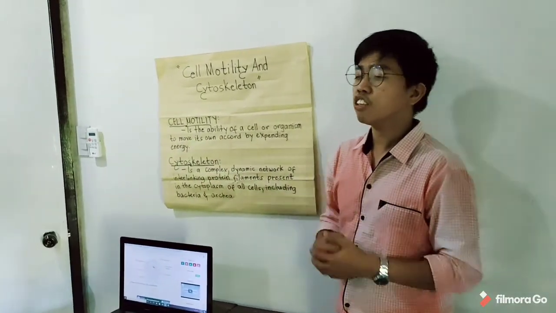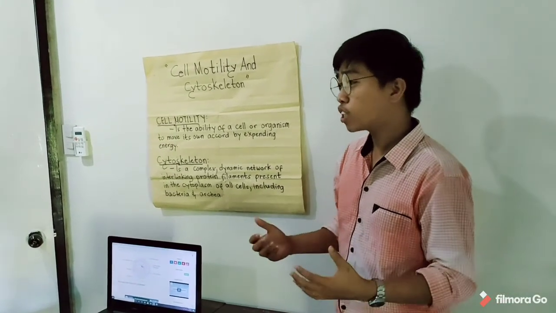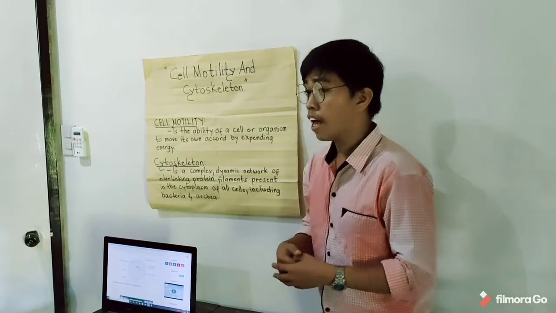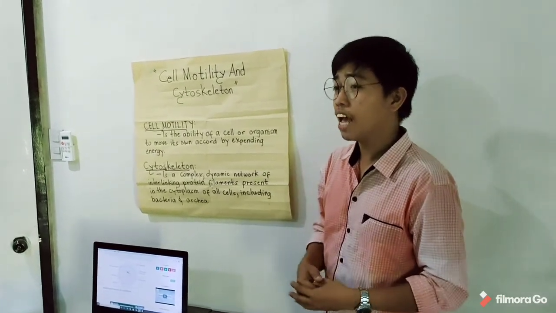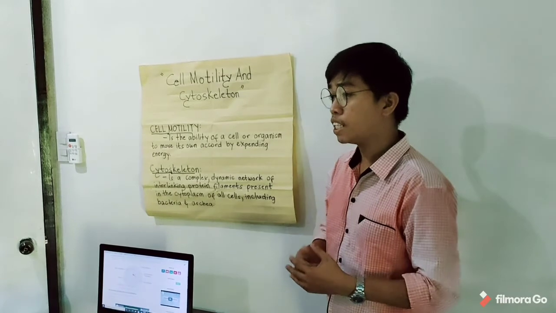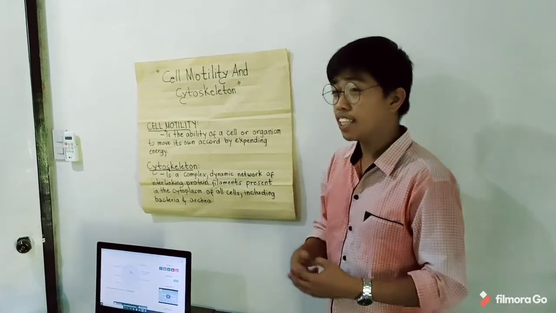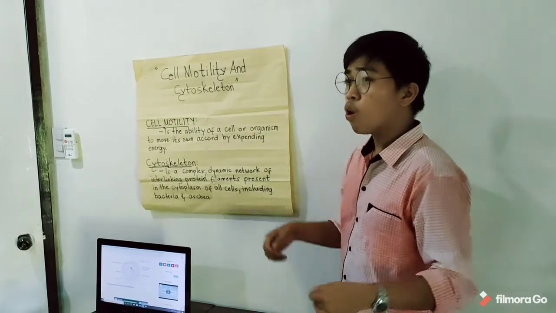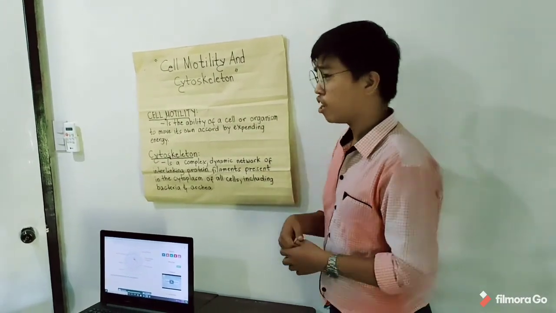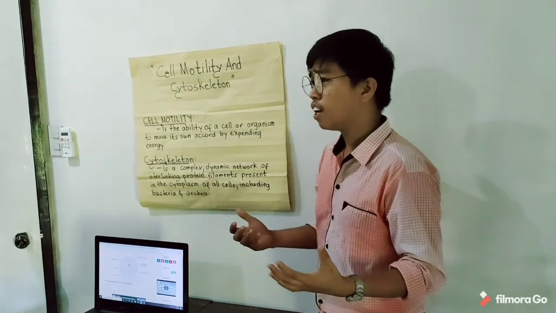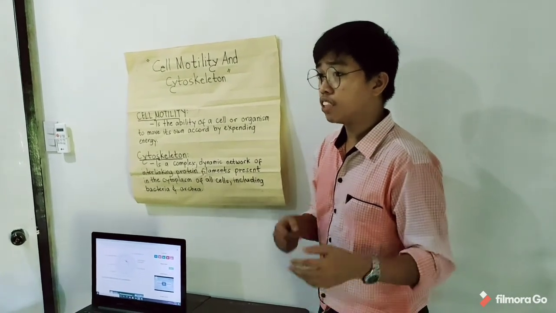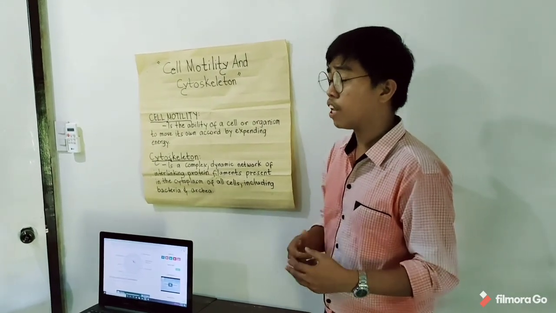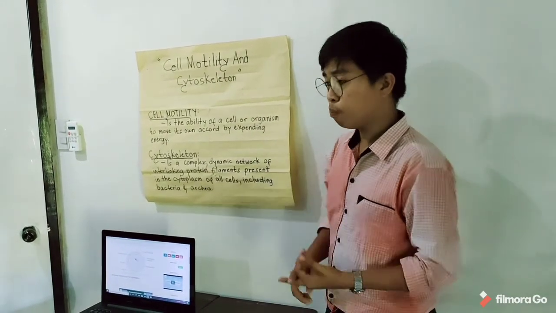The cytoskeleton, class, is also a structure that helps cells maintain their shapes and internal organization, and it also provides mechanical support that enables cells to carry out essential functions like division and movement. So what is the function of cytoskeleton?